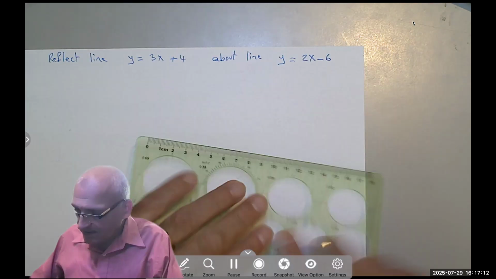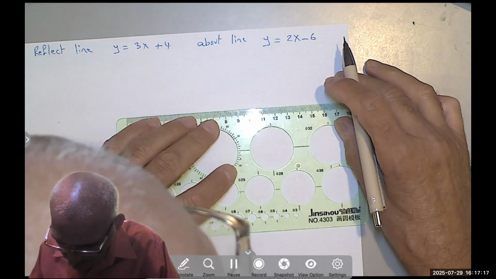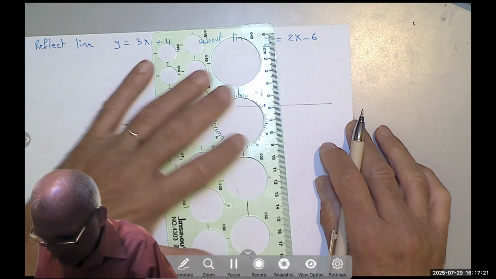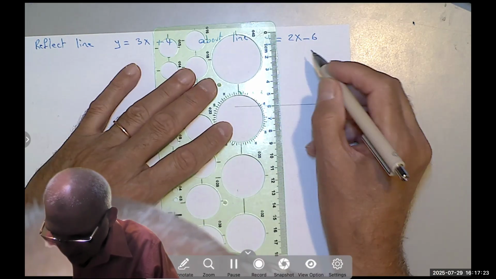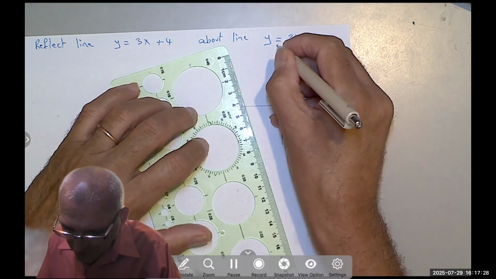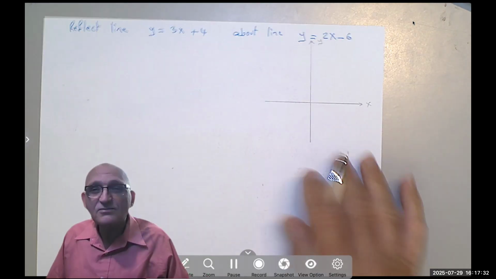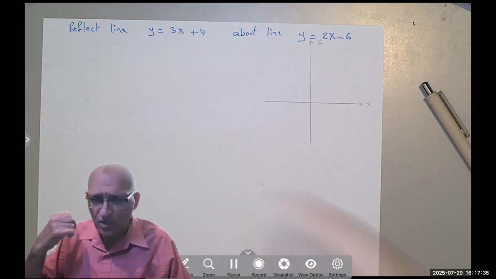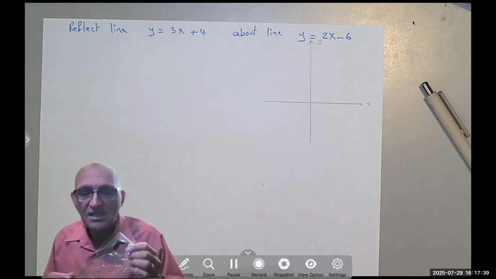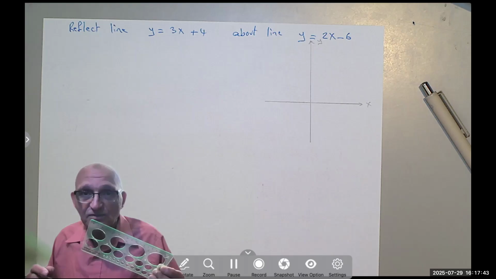So here are the two lines. Here we are going to notice we are using some stuff we covered in rotation, and here I'm going to use something else. We also used it in rotation, but its basis was the transformation of graphs.